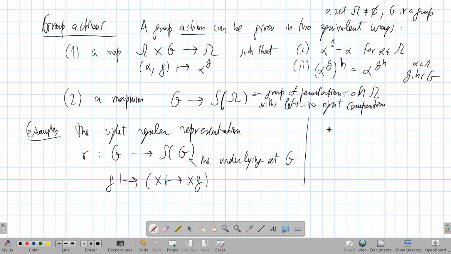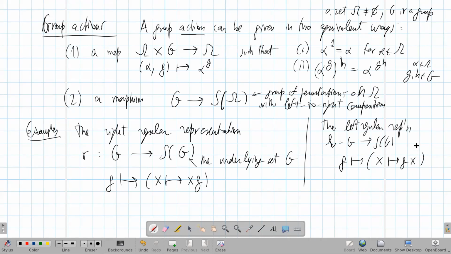Let me mention that there is also the left regular representation, which is some L from G to SG, and this sends G to... And okay, the first thing I will write is not quite correct.